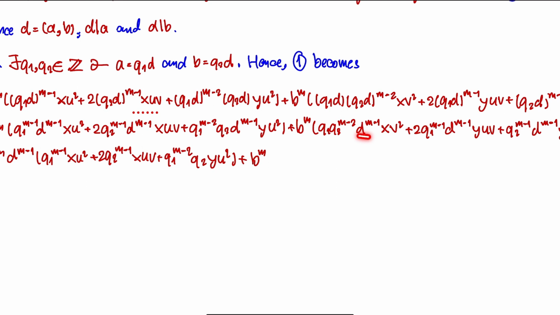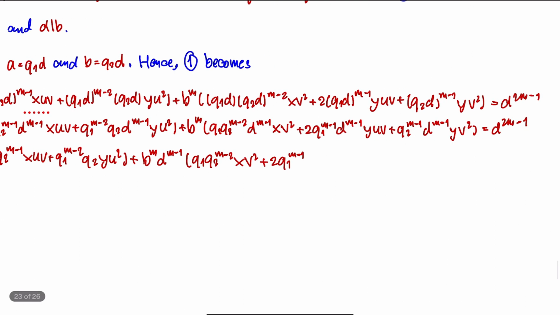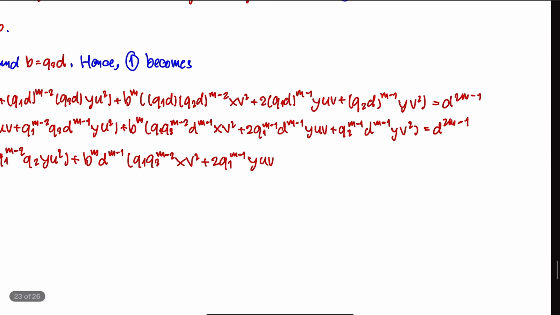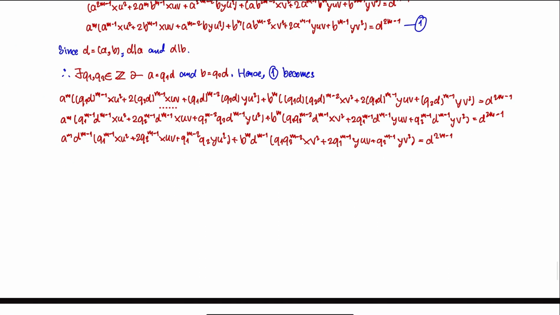And factorize d to the power of m minus 1, times q1 q2 to the m minus 2 x v squared plus 2 q1 to the m minus 1 y u v plus q2 to the m minus 1 y v squared equals d raised to the power of 2m minus 1.